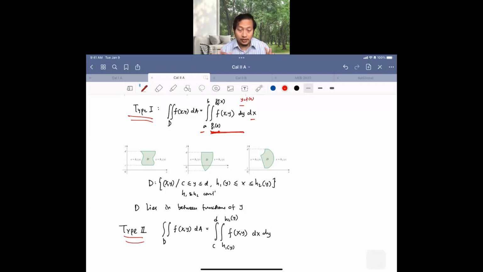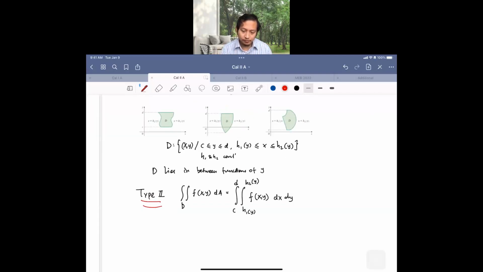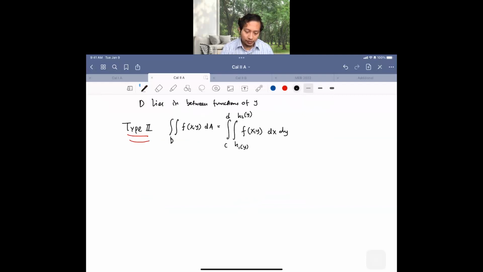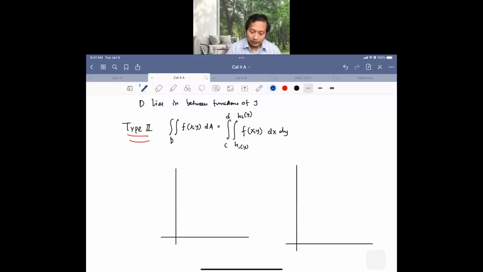What you can do is, first, if you can make out the area D, maybe we have this. Of course, this will result in a function of x, right?